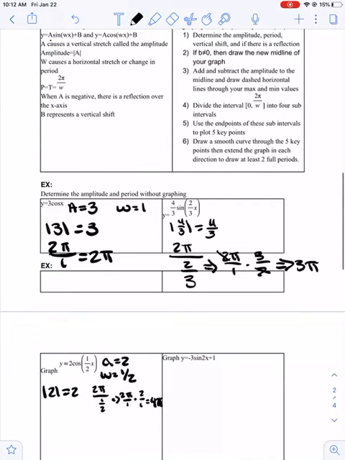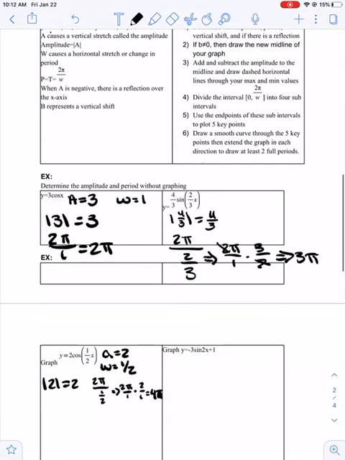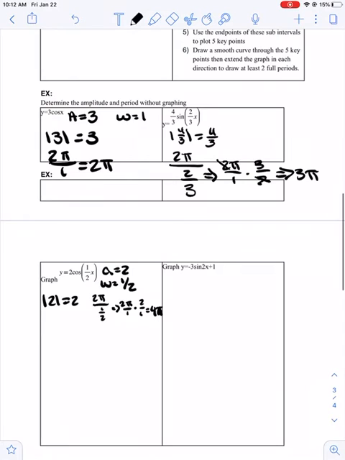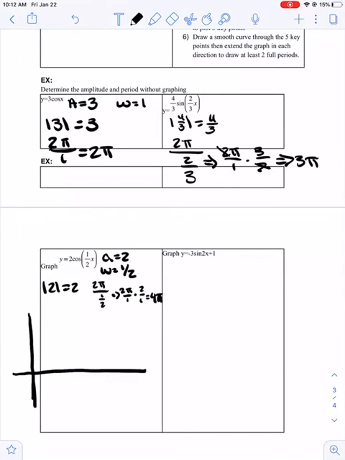Okay, next, we didn't have a B value, so we're just going to skip that. And now we're going to start actually graphing this. So let's draw our graph here. And we only need to worry about the positive half. So if we were to draw our original cosine graph, it would look like this.